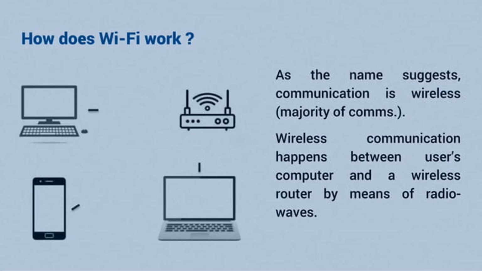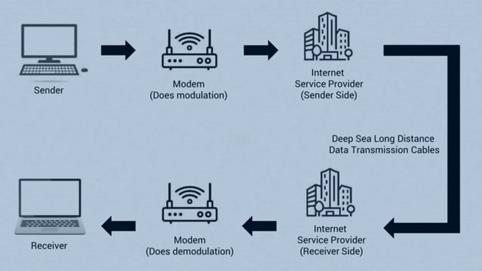Now let's see how Wi-Fi works. As you can see here, a computer, a modem, another computer and a mobile. As the name suggests, communication is wireless between the equipments. The wireless communication happens between the user computer and a wireless router by means of radio waves. In this figure, you can see a center computer, and from the center computer there is a modem which does the modulation work.